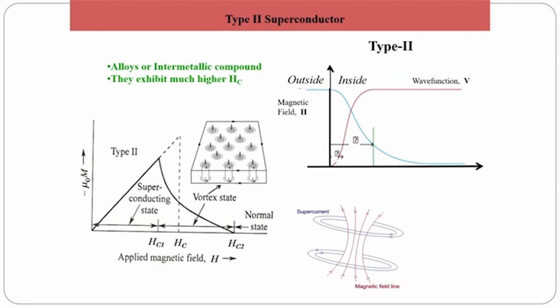Type 2 superconductors are more interesting and they are more common in nature. It has an HC1, where the superconducting state persists between HC1 and HC2.